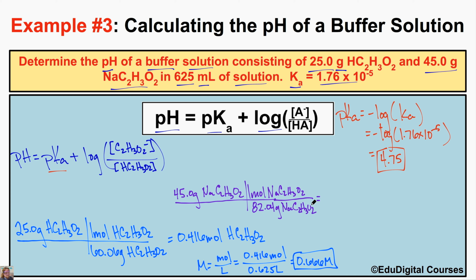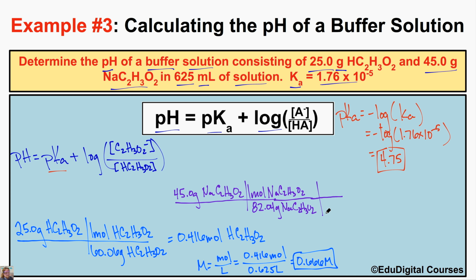This step is going to give us the number of moles of our sodium acetate. But we need the moles of just the conjugate base, the C2H3O2 minus ions.